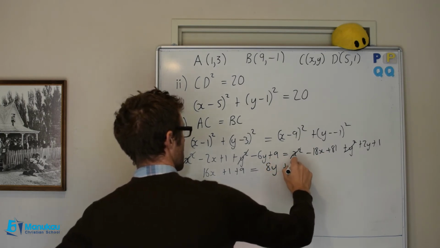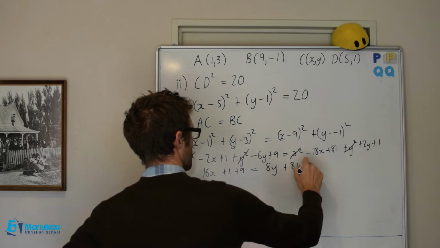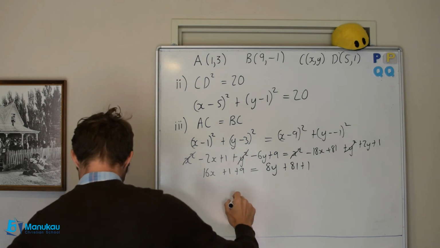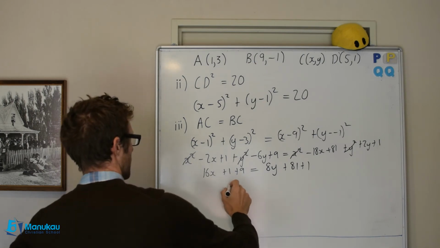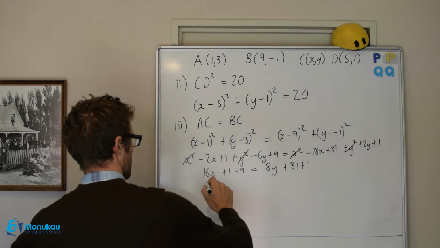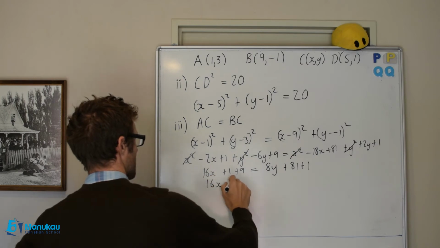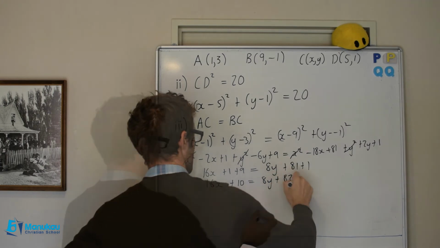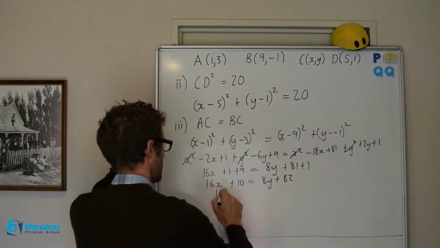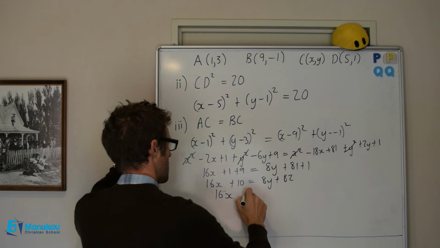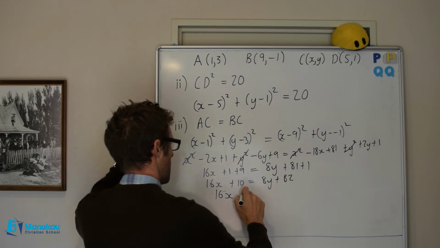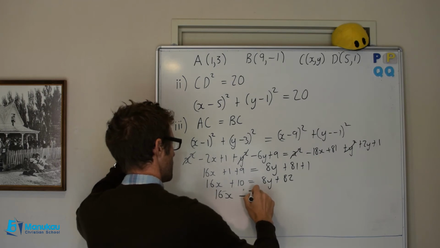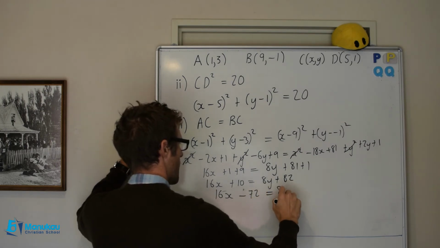plus 81 plus 1. And what am I trying to find here? y equals 2. Okay, so at this point I will simplify this to 16x plus 10 equals 8y plus 82. 16x minus 72 equals 8y.